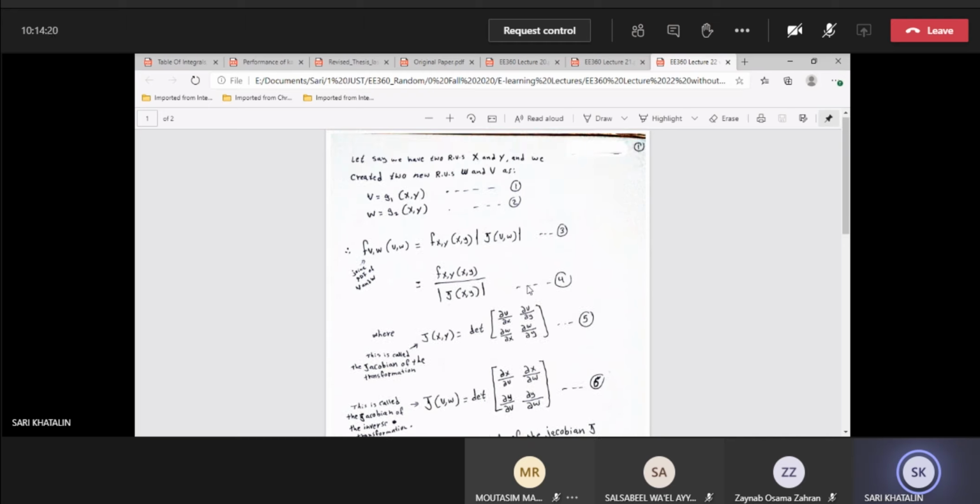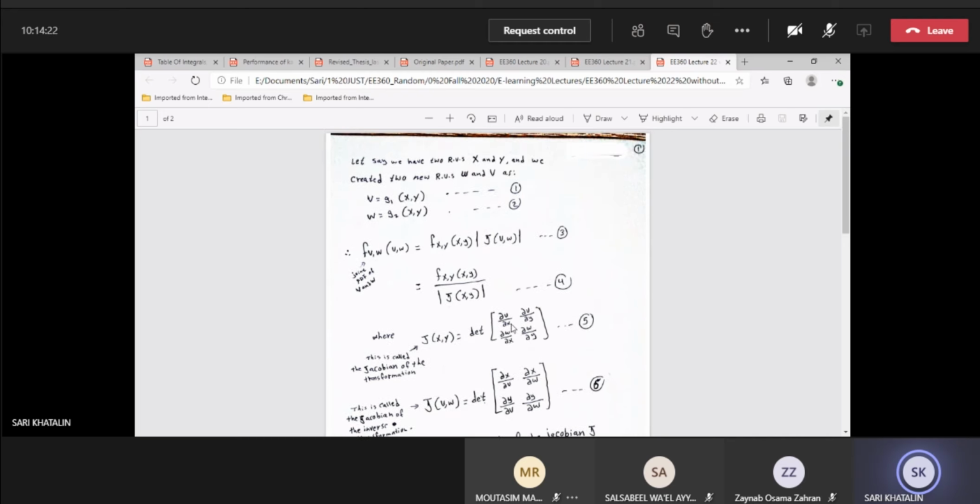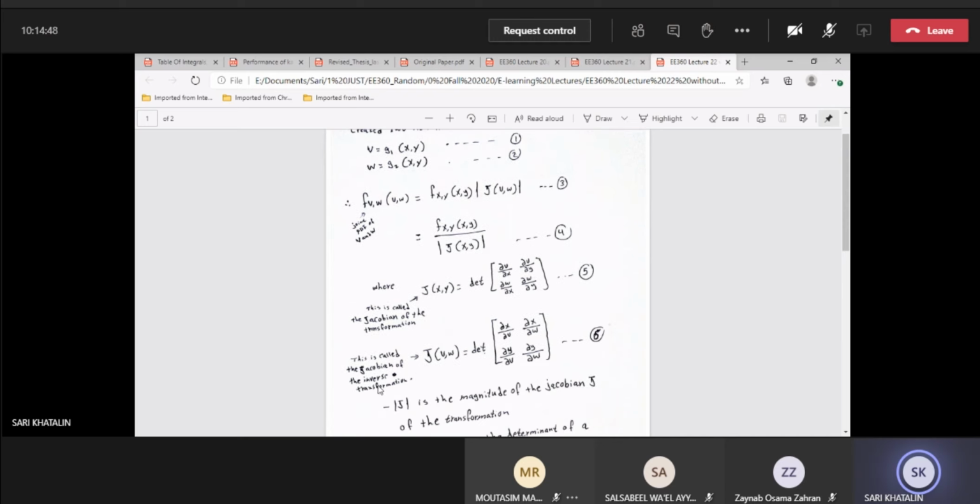The Jacobian of the transformation is basically a matrix, as shown in equation 5. You need to find either this one or this one; you don't have to find both. If you decided to use the Jacobian of the transformation, you just find this matrix, or if you decided to find the Jacobian of the inverse of the transformation, you find this one.